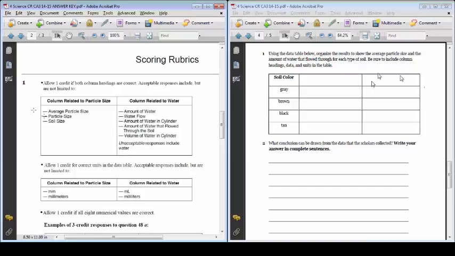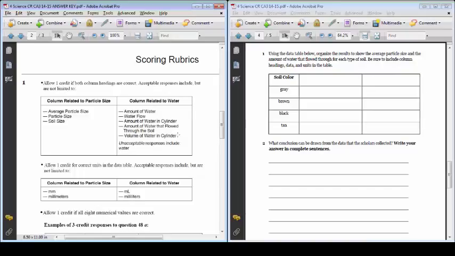Here's some additional wording for the responses. Just make sure that it's not just water. That is an unacceptable response because it doesn't tell whether it's temperature of water, amount of water, or volume of water. So you want to be very clear that it should be amount of water that is written there, or one of these variations. If they write the headings, they will get 1 point.